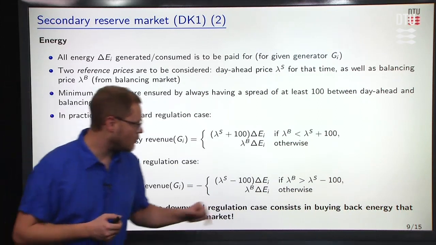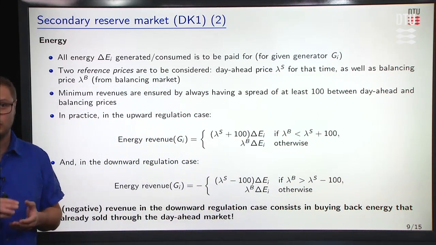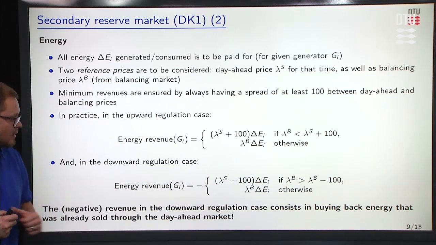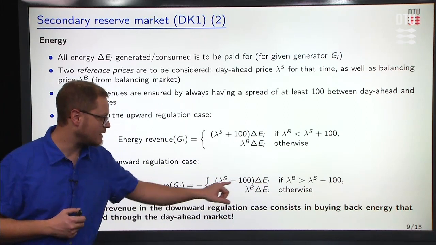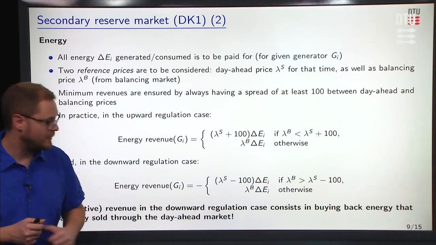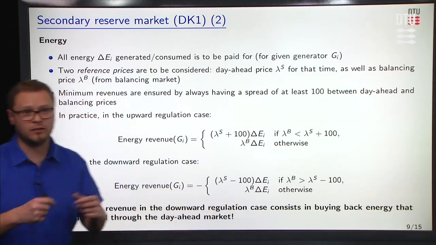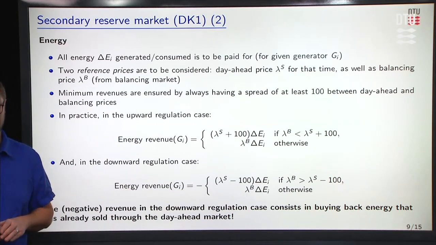So in the case where lambda B is greater than lambda S minus 100, so this spread is not ensured, then the price to be paid back for the units of energy is lambda S minus 100. So you're guaranteed this 100 spread there. And if lambda B is lower than lambda S minus 100, then you directly get lambda B.